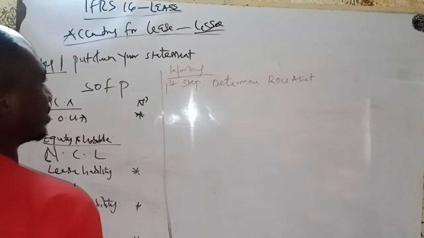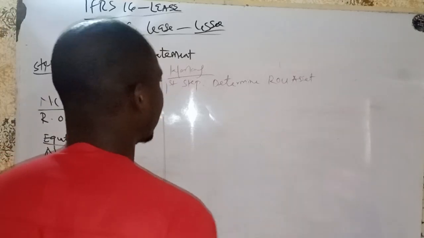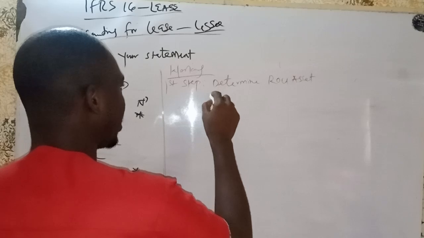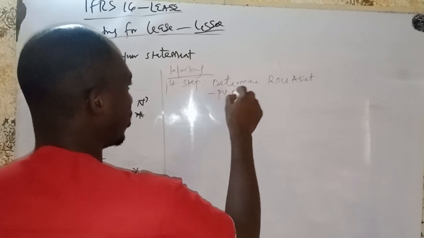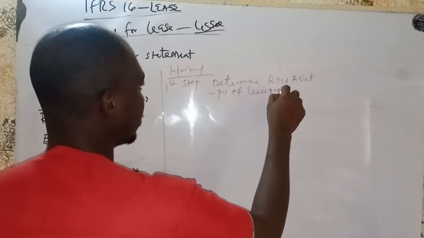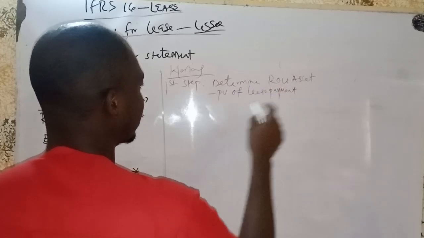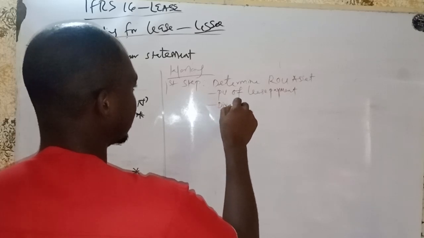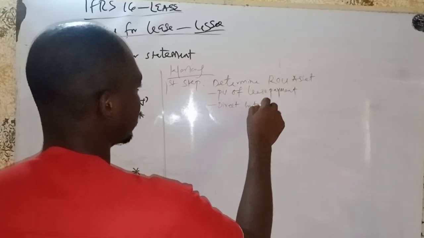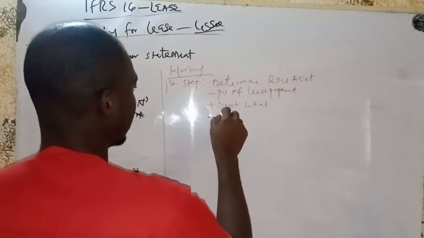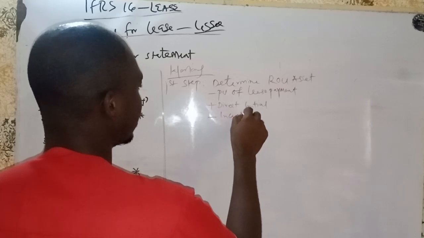You understand me now? In determining your right of use asset, I've always told you the first is the sum of the present value of lease payment, whether in arrears or in advance. You add direct initial cost less incentives, because it will always be net cash.